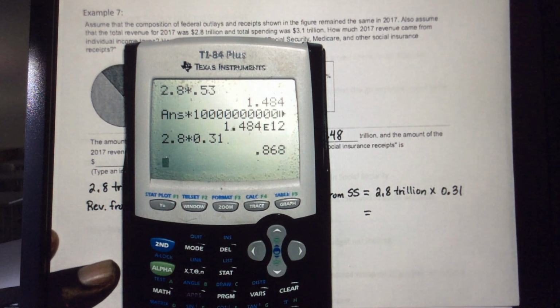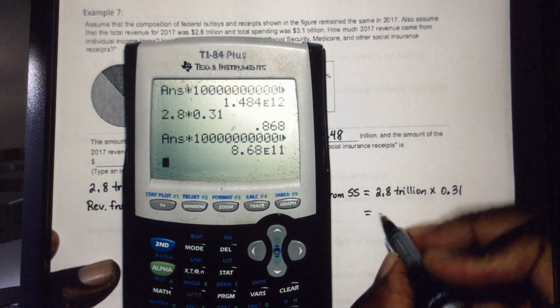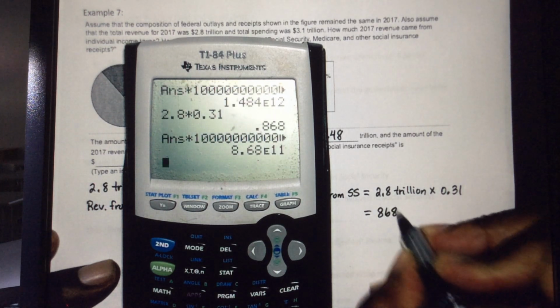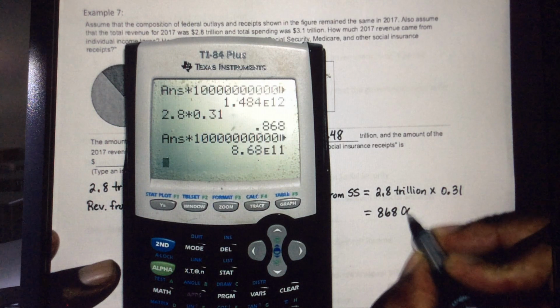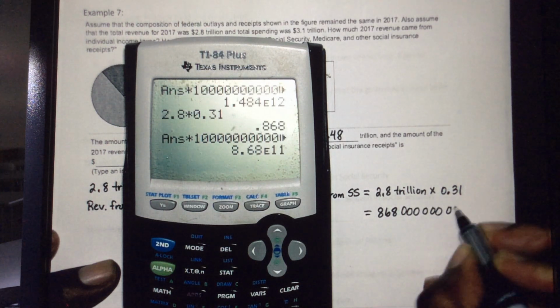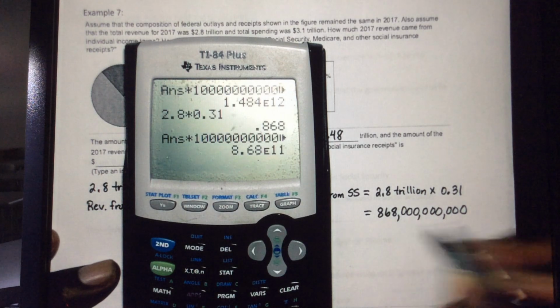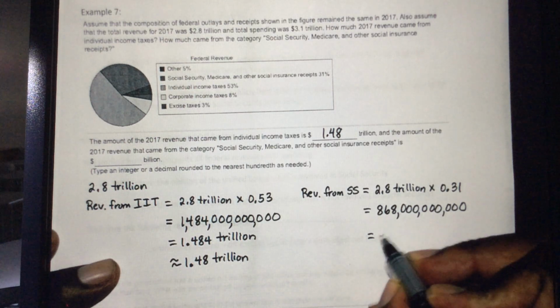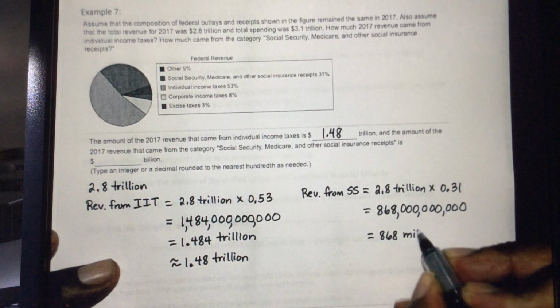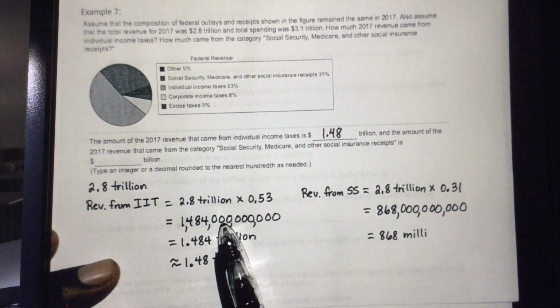In this case, that's going to be 0.868, but here I'm going to multiply that by 1 with 12 zeros, since it's in trillion. This would be 868 if I move this over 2 places, but then I need 9 more zeros behind it: 1, 2, 3, 4, 5, 6, 7, 8, 9. And that's actually in the millions place, so this is $868 million. I mean billion. Billion with a B.